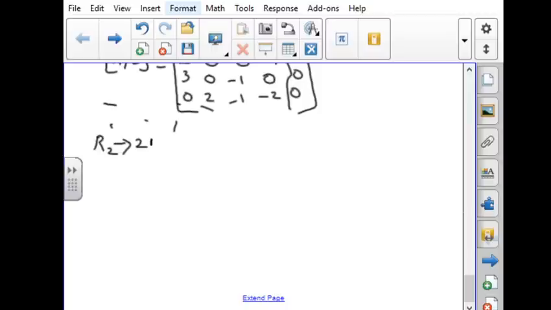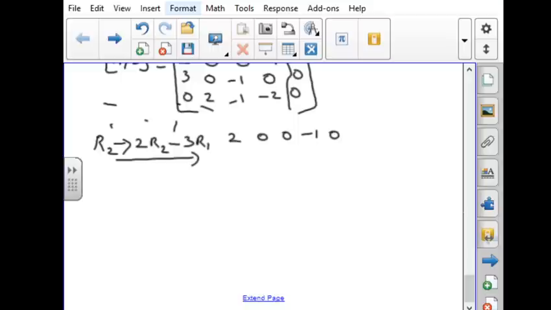So 2R2 minus 3R1. And R3 here already has 0, so you can keep it as it is. So R1 is now 2, 0, 0, minus 1, 0.